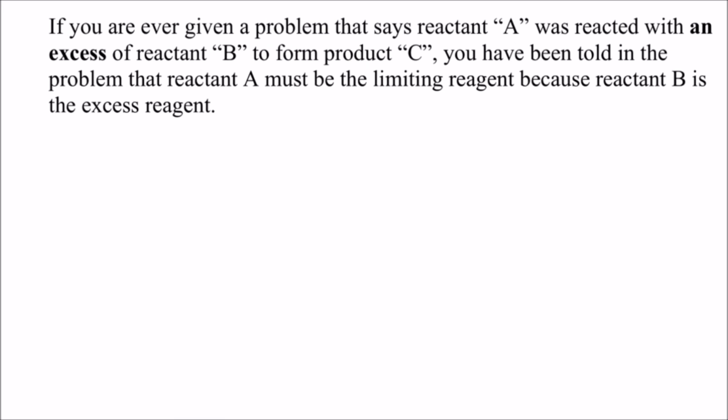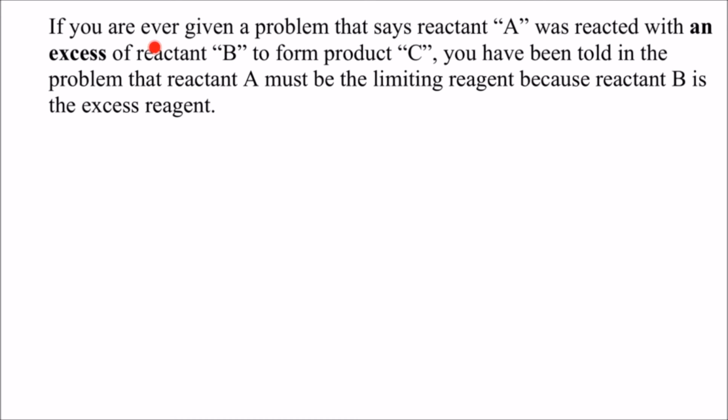Just a little bit more information here. If you are ever given a problem that says something like reactant A was reacted with an excess of reactant B to perform product C, what they've actually just done in that question is told you that reactant A is the limiting reagent, since B is the excess reagent.